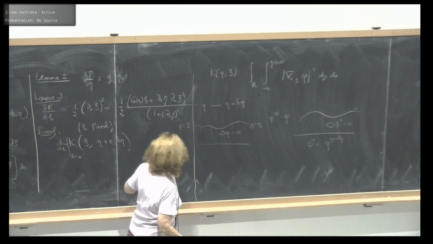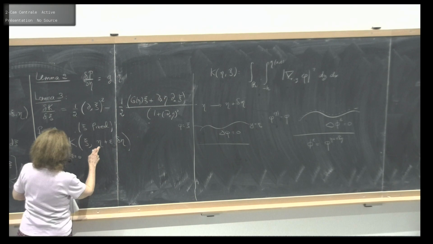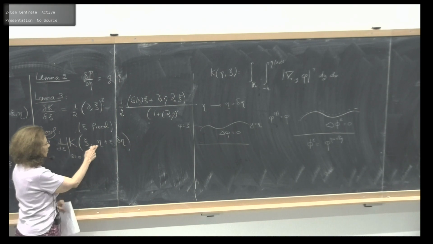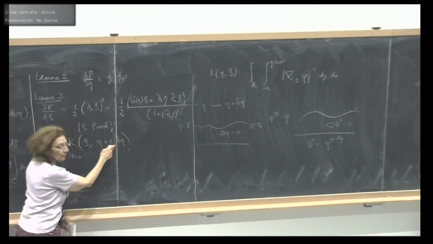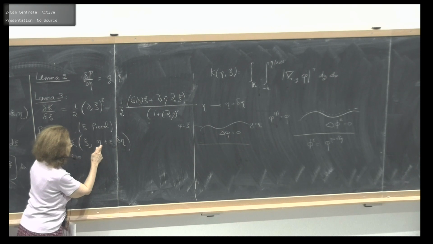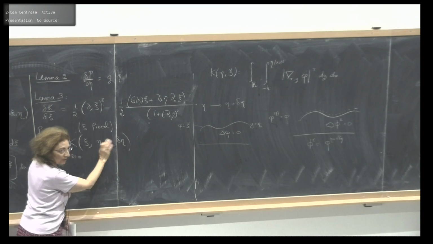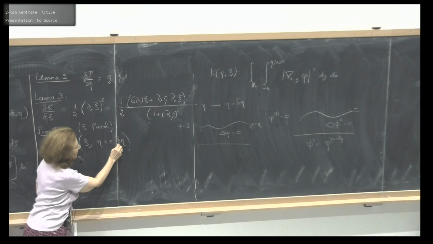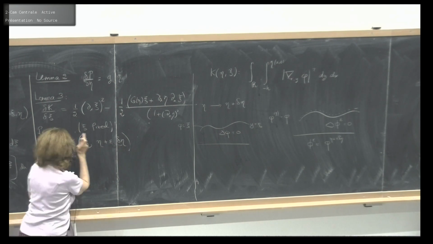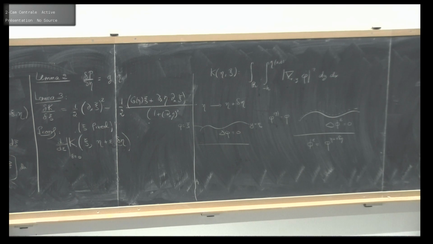I'm going to differentiate k when we change eta to eta plus epsilon delta eta. Delta eta is fixed, right? And I differentiate with respect to epsilon, and I take epsilon equals 0. That's the definition of the variational derivative. Okay?